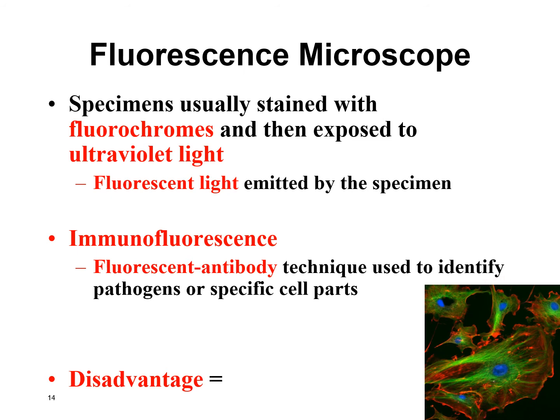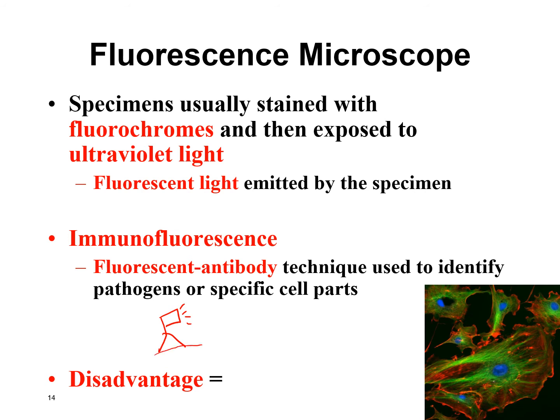A lot of times we're going to use immunofluorescence to make our images. So what happens is we end up taking antibodies that we've attached the fluorescent dye to, and these antibodies are very specific to what they will bind to. So maybe we've made them so that they will bind to the nuclear envelope.